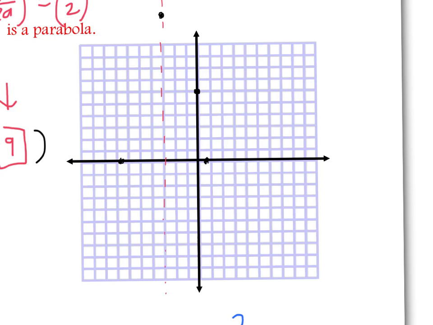Okay, now it's just up to us to choose a couple of points. I can see the basic shape here. I've got a point to pass through here and here. I have nothing to pass through down here. I should probably get one more point around here and here. And then maybe go ahead and complete what's happening in this area too. So for that, we just choose points and plug them in. So we choose x points and then calculate our y points.